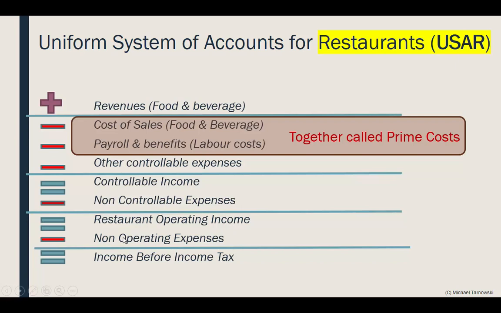Your non-operating expenses may be your interest expense, anything like that you don't really need to operate, but it's there. You still have to account for it. And then you'll find your income before income tax. Remember, this will be either profit or loss at that point.